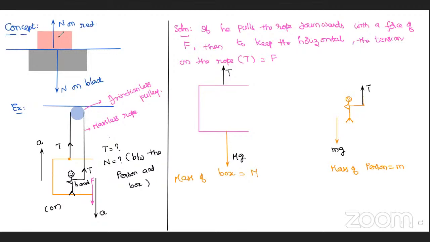Correct. The man is the red one in this example, in the concept. The red man is on the black box. So it appears like a man, and it appears like a box.